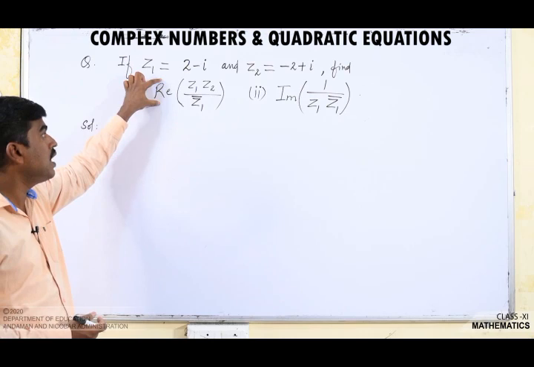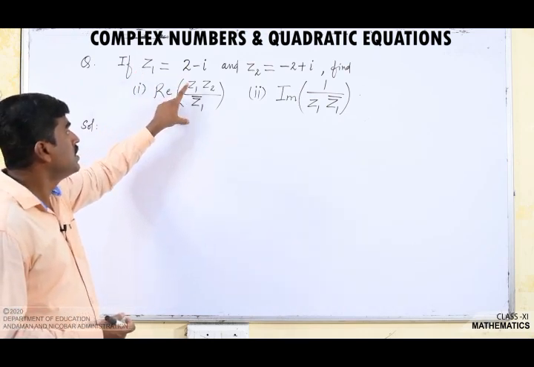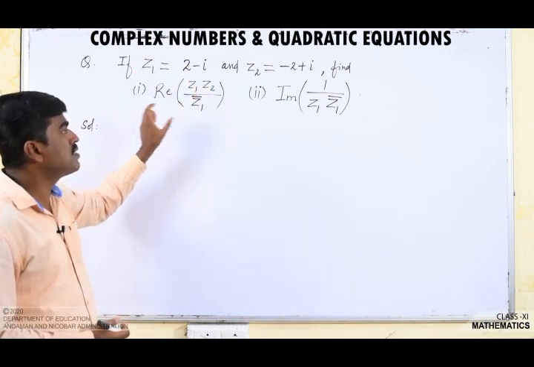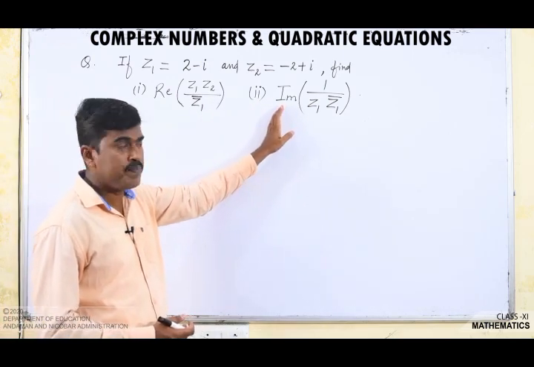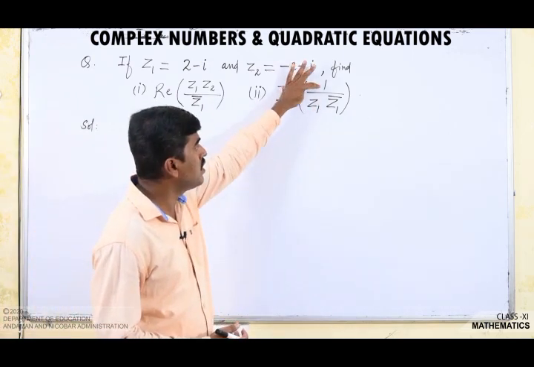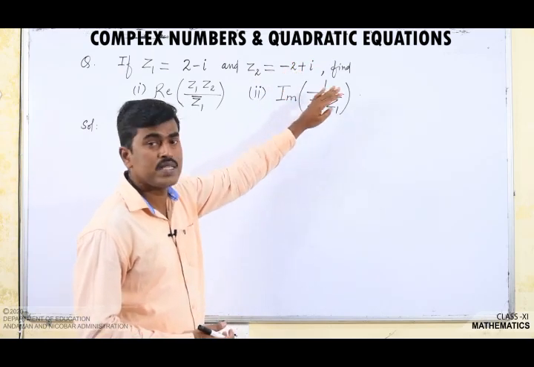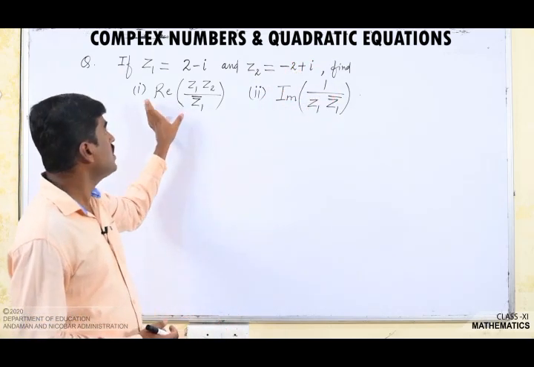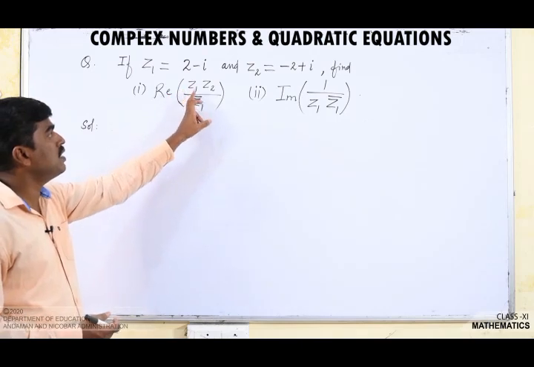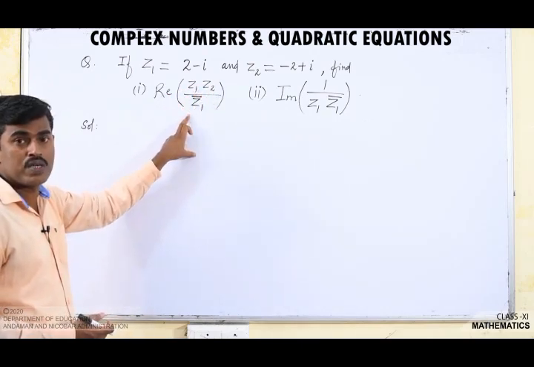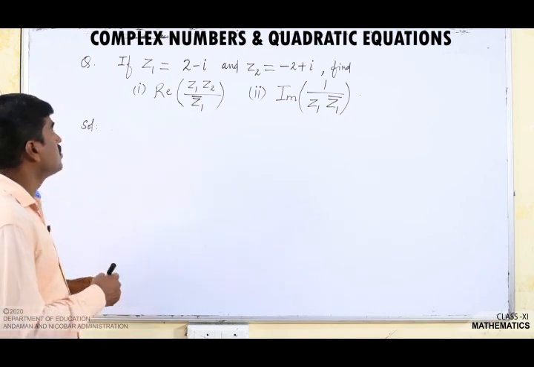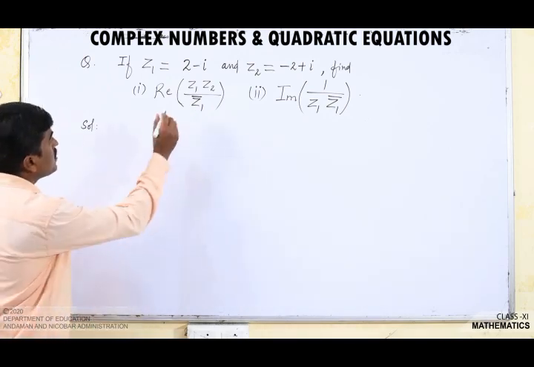It is the real part of z1 into z2 divided by z1 bar, and the second question is Im, meaning imaginary part of this expression, that is 1 by z1 into z1 bar. The first one is the real part of z1 into z2 divided by z1 bar. z1 bar means conjugate of z1. Okay. So let us see the first one.